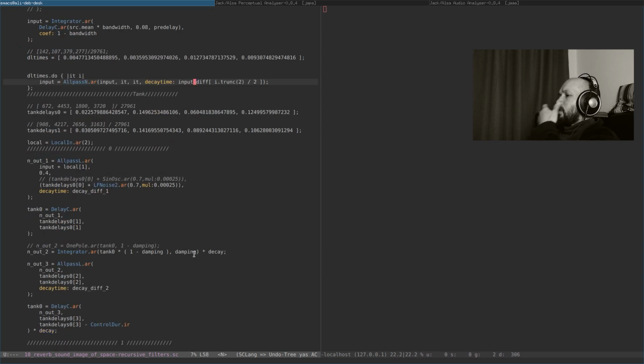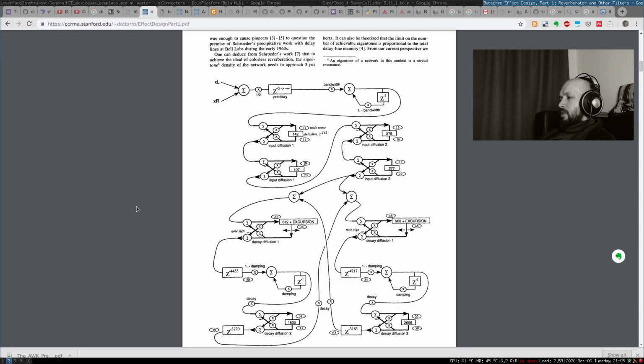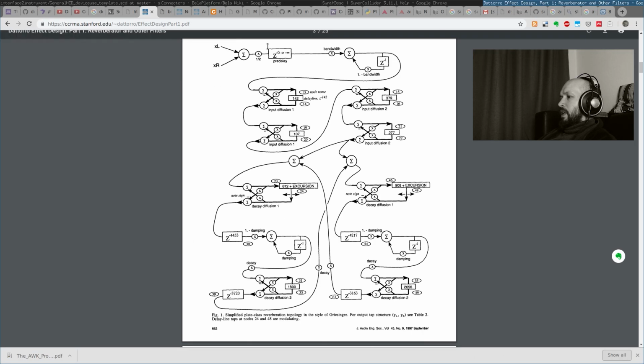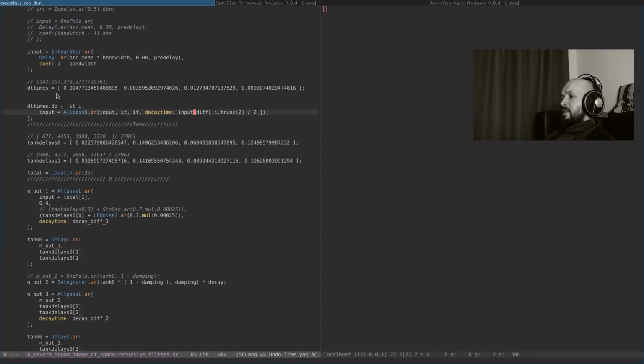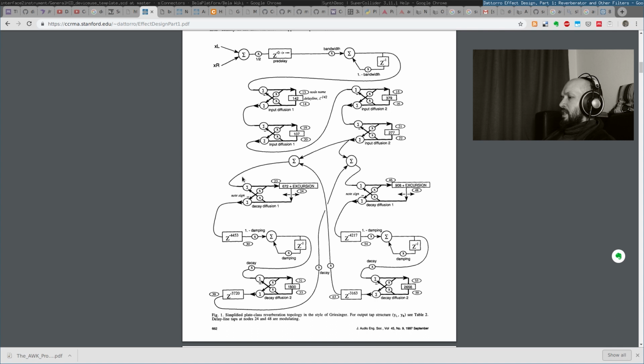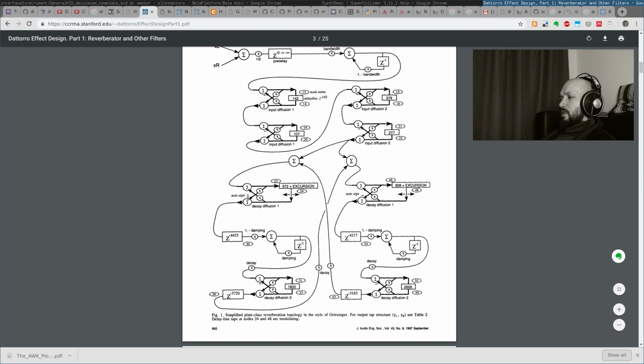So next, what we have is the tank, the actual tank thing. Let's take a look at the diagram again. We had low pass and 4 all passes. Then we have this guy, which we cannot quite realize in this block diagram.